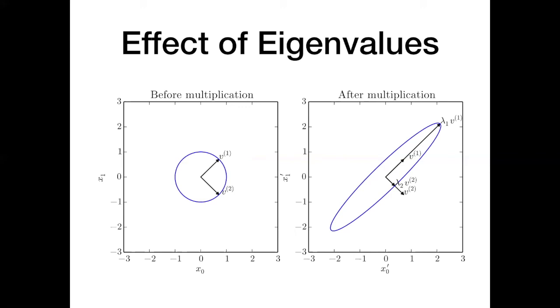Here we have a matrix A, and it has two eigenvectors, v1 and v2, with corresponding eigenvalues denoted as lambda 1 and lambda 2. On the left, we plot the set of all unit vectors as a unit circle, which we denote as U. On the right, we plot the points of AU, which means that after multiplication, A distorts the unit circle, and we can see that it skews space in direction v1 by lambda 1, and skews the space in direction v2 by lambda 2.